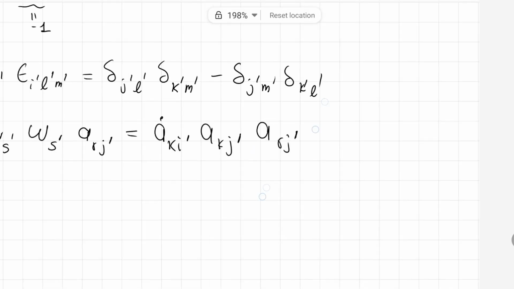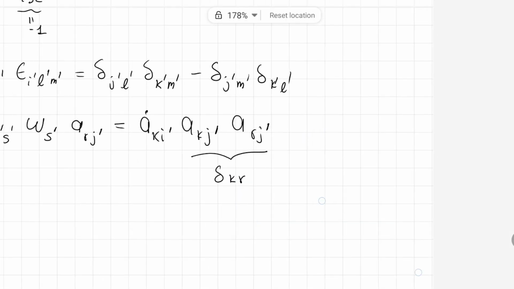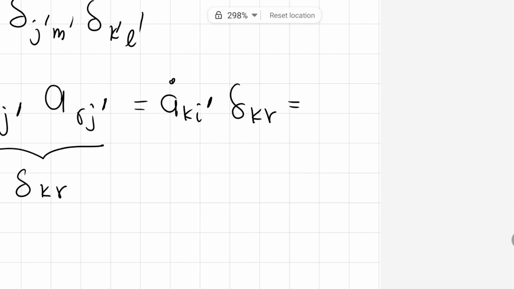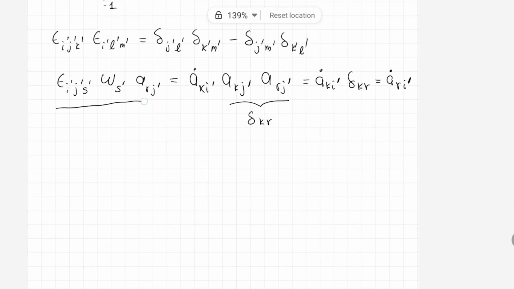Okay, so we are going to have here that this is going to be the Kronecker delta Kr, and we are going to get A dot Ki Kronecker delta Kr. So this is going to be, of course, A dot IR. And let me switch this RI like this. Perfect. So we have concluded that this quantity is equal to this quantity over here. That is the important result.